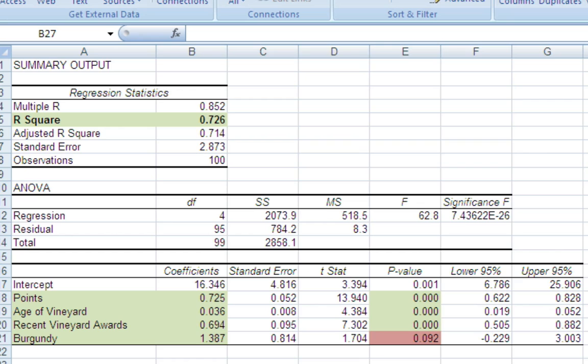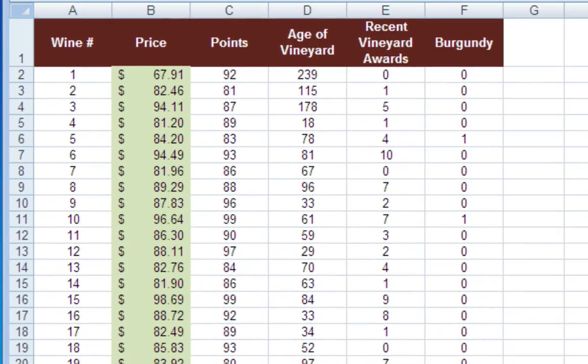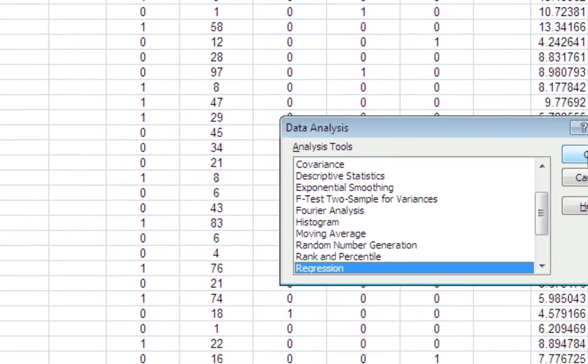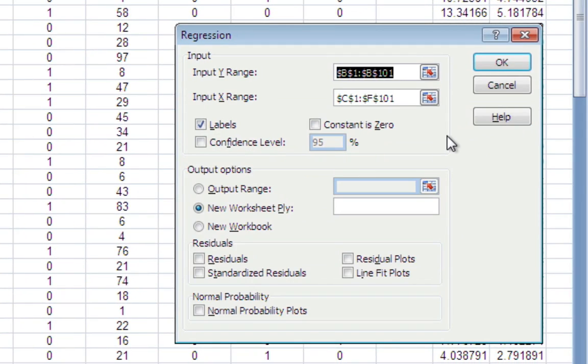In particular, we will look at some of the additional output that Excel provides. To do this, we once more run a regression, but this time we make sure that we select under Output Residual Plots and the normal probability plot.